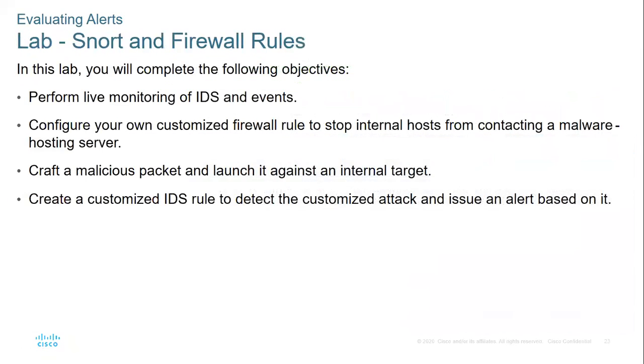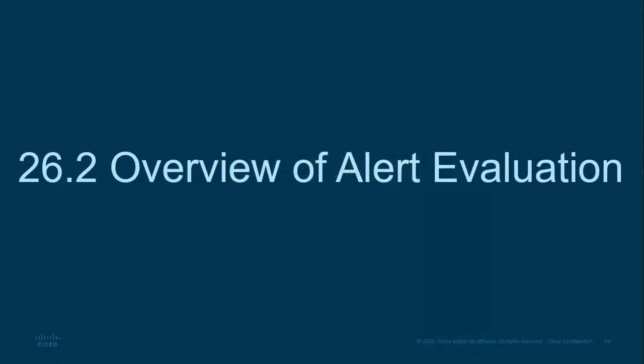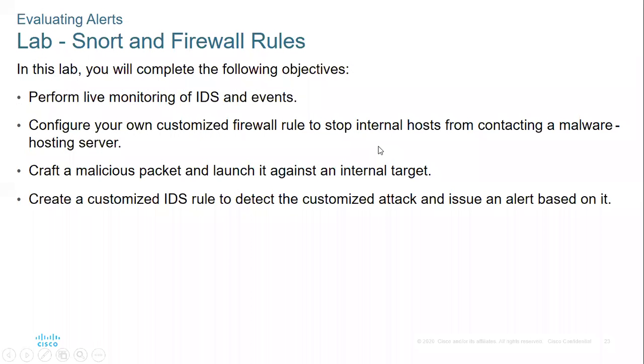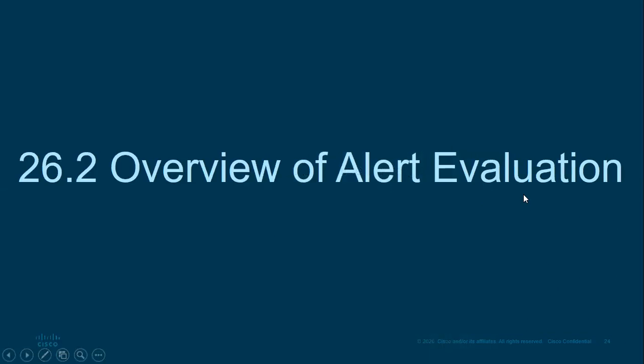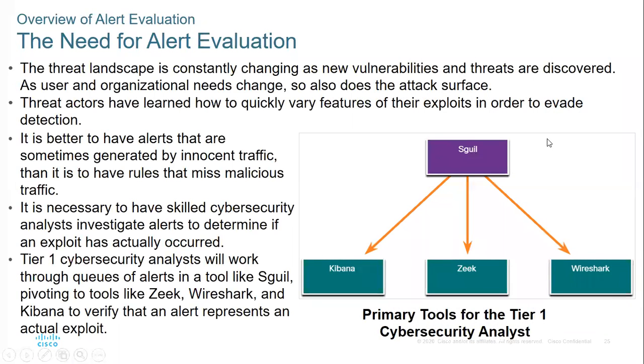All right, so that is that. We have section 2, which deals with an overview of alert evaluation. Just like I said, when you receive an alert, and that alert is difficult for you to analyze, you are not skilled enough, then you have to escalate the alert.